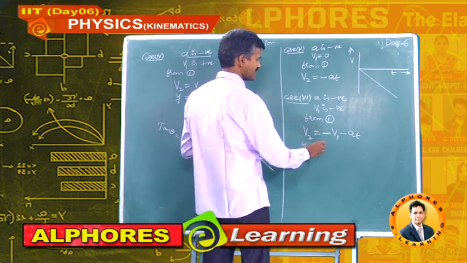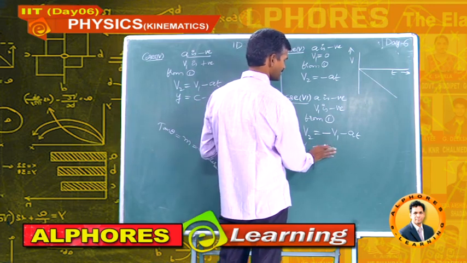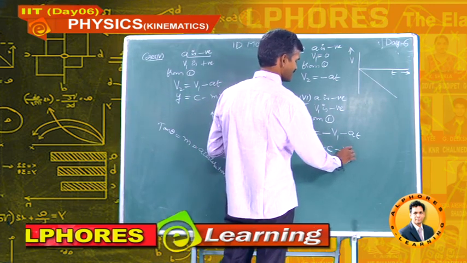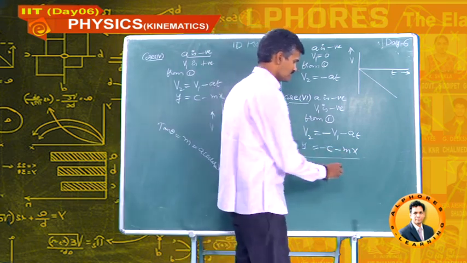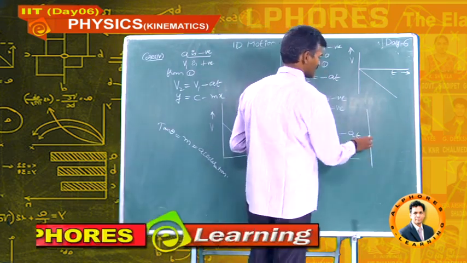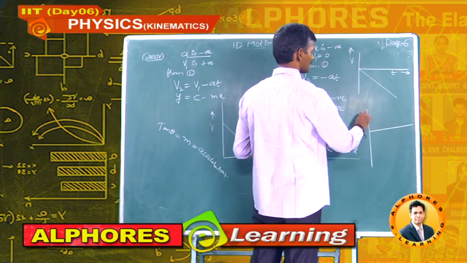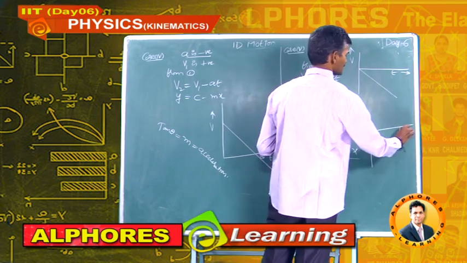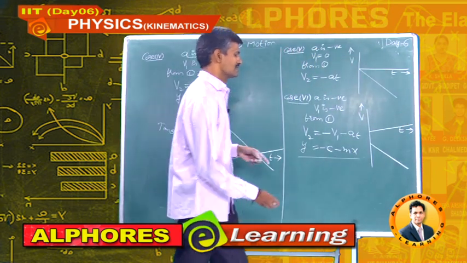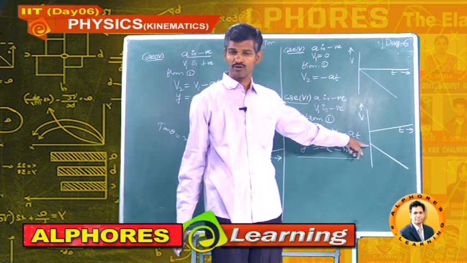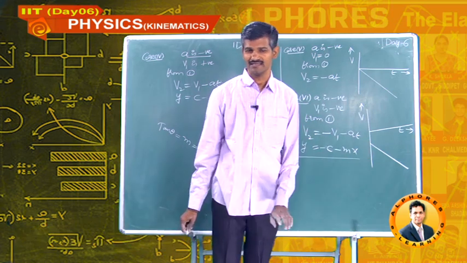Here the function is y is equal to minus constant minus mx. It is a straight line graph. If you draw a graph of a function like this, this is the velocity axis and this is the time axis, and the graph is like this. So here also you can calculate the slope, and that slope also gives acceleration.